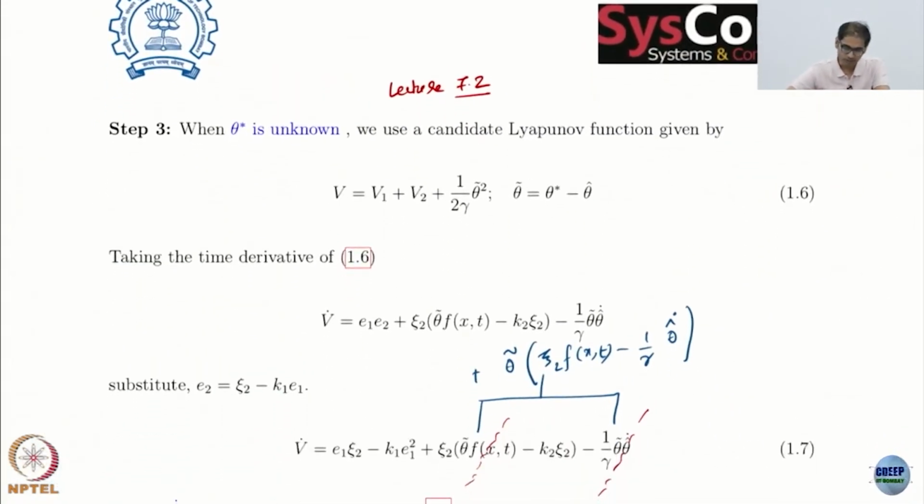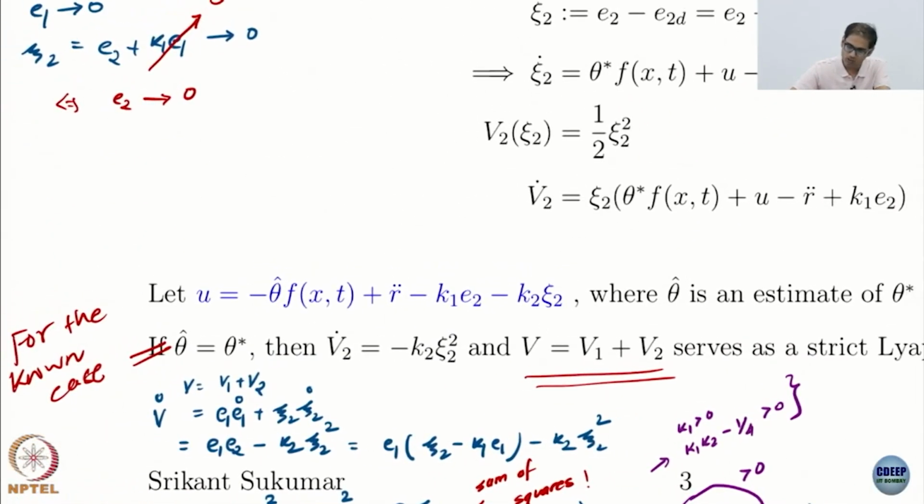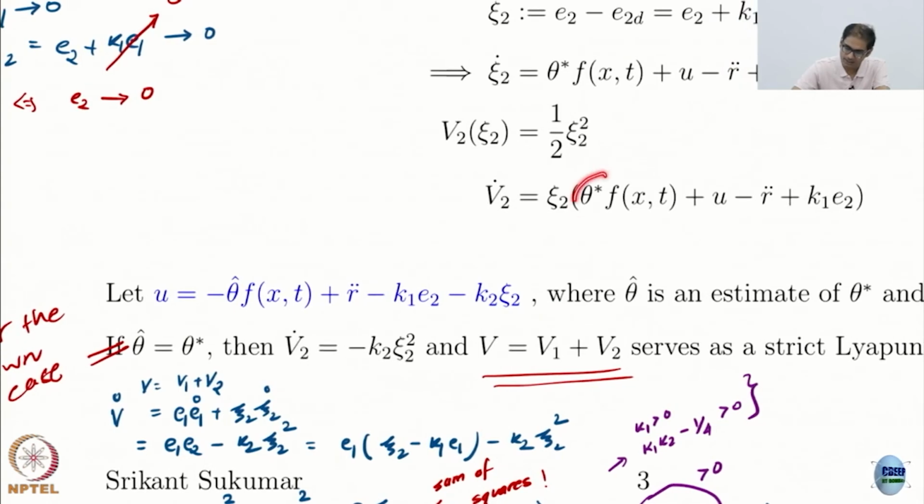All right, great. So what happens when theta star is unknown? I've already sort of given a glimpse. What we do is, instead of theta star, we use what is called theta hat.